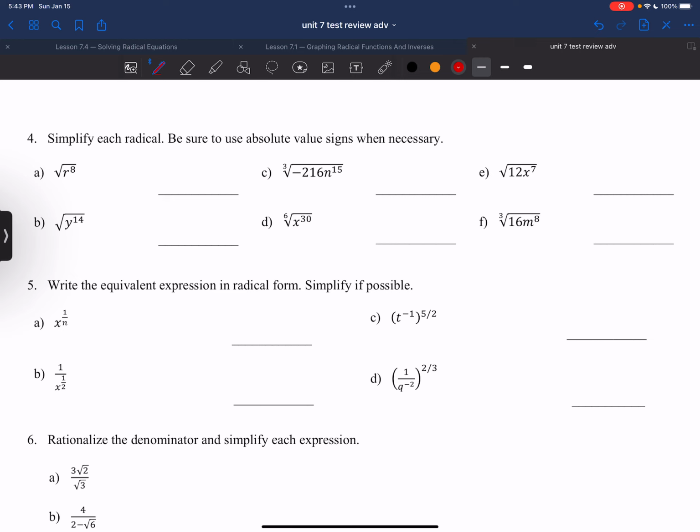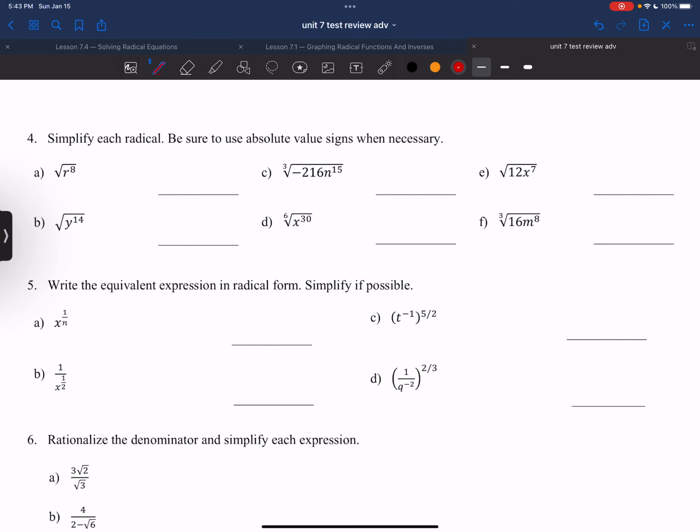Number 4, simplify radicals. And be sure to use absolute value signs when necessary. Okay. So a lot of simplifying radicals, we just use the rational exponents idea.